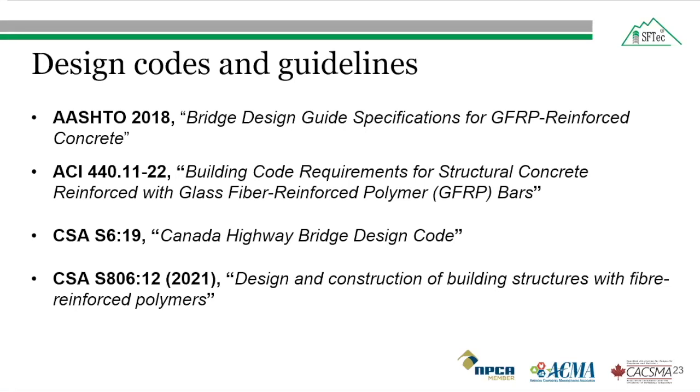And if you read this code, ACI 440, it is similar to the ACI 318 code. And the CSA S806 is the code used in Canada, and this code is similar to the CSA A23.3. So you can use this code to design those elements, both beams and columns, as well as slabs if you want.